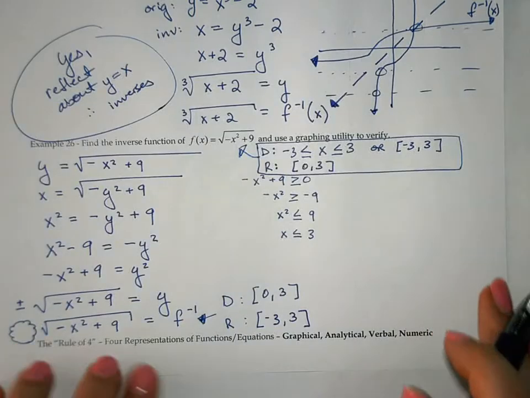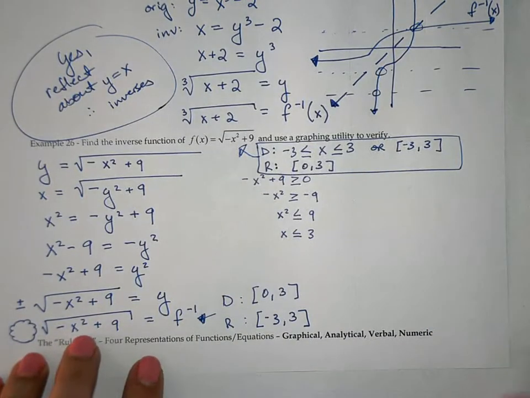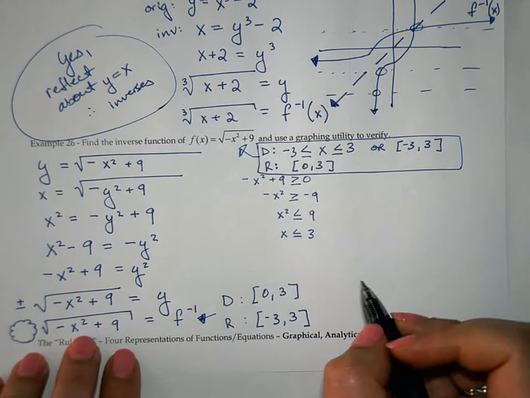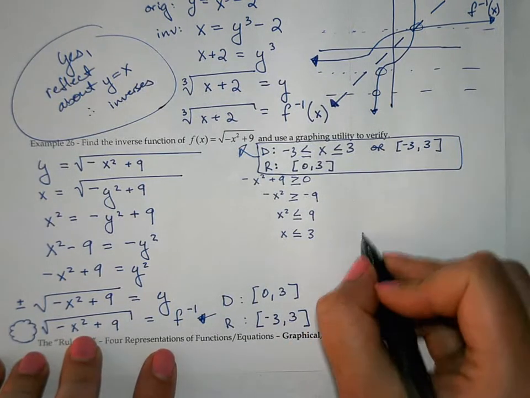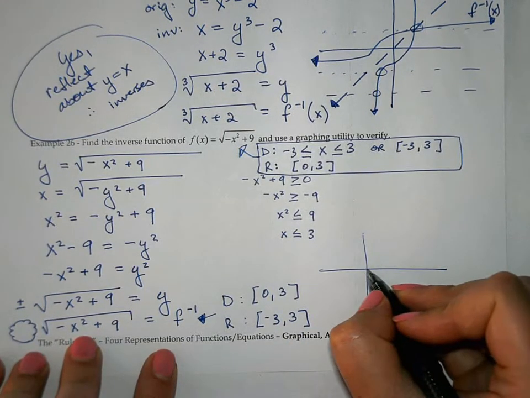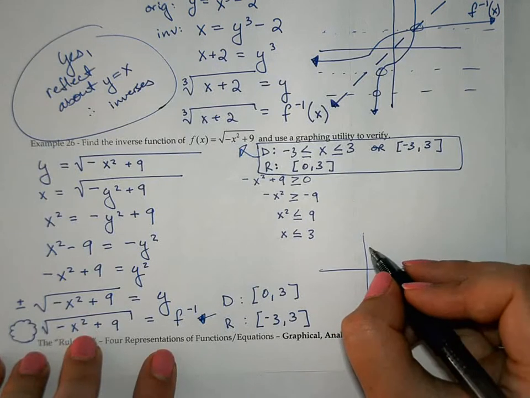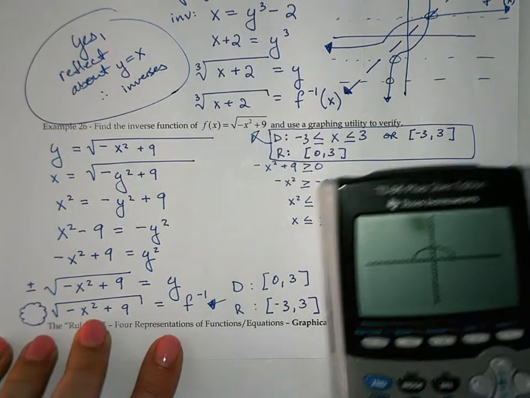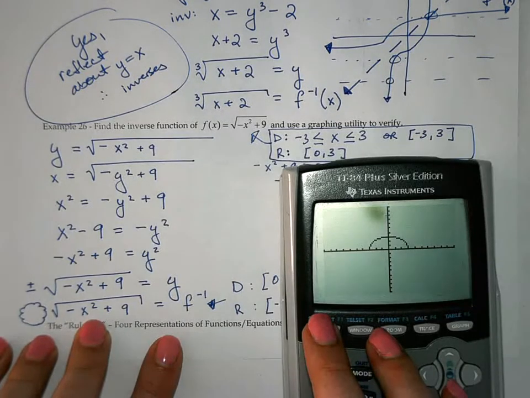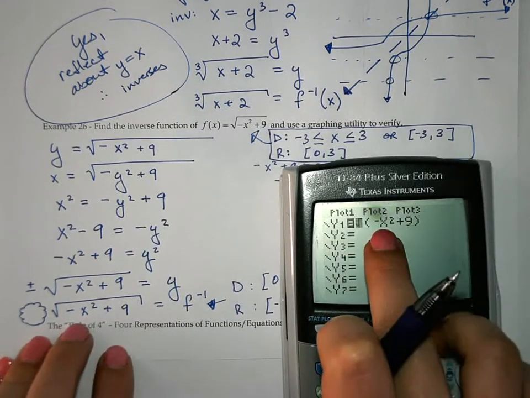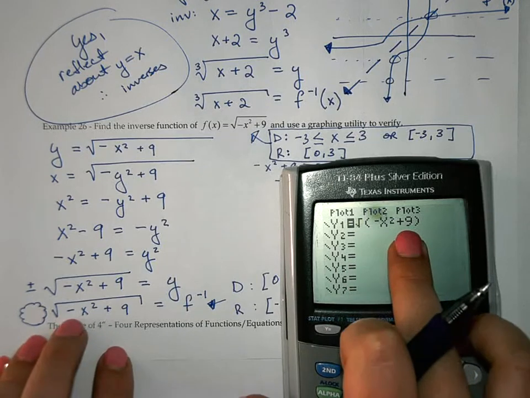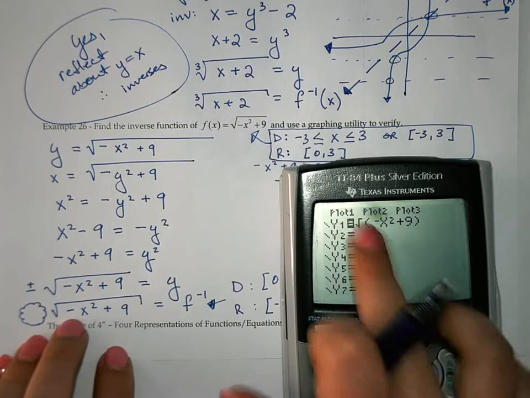Think about what this is going to look like in a picture then. If we were to go ahead and put this into our calculator, negative x squared plus 9, it's already there, so it matches my original.